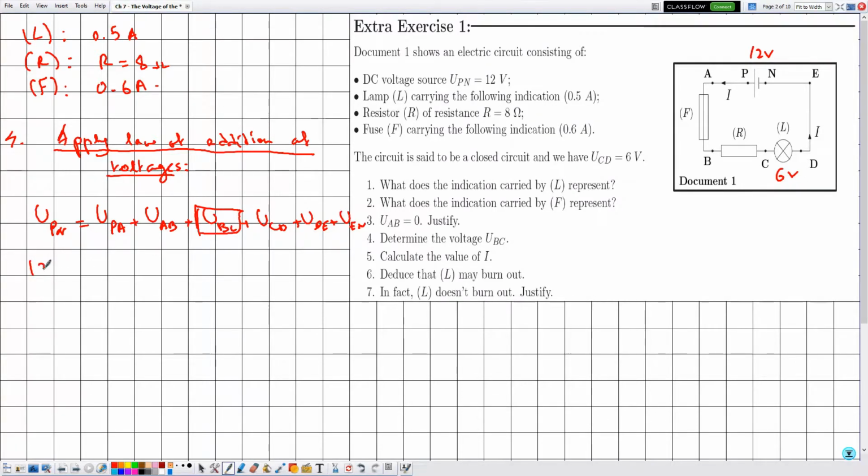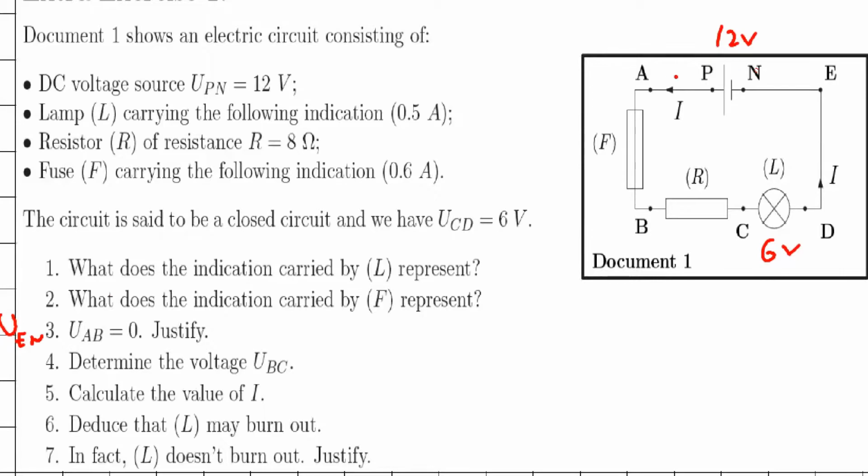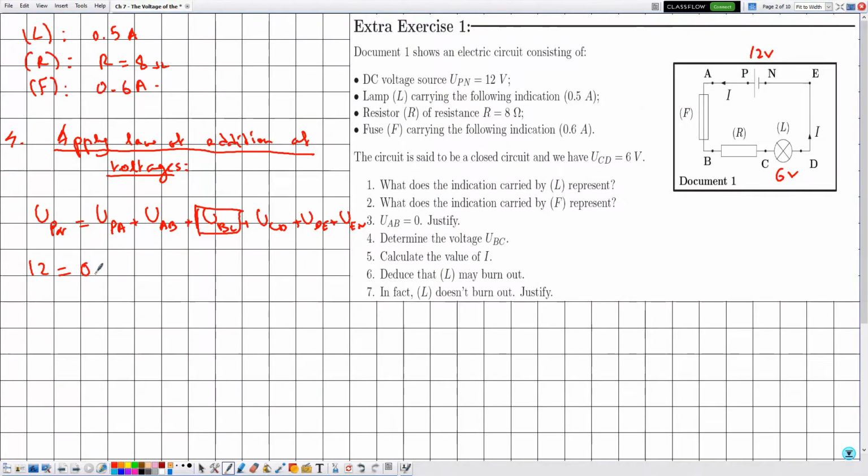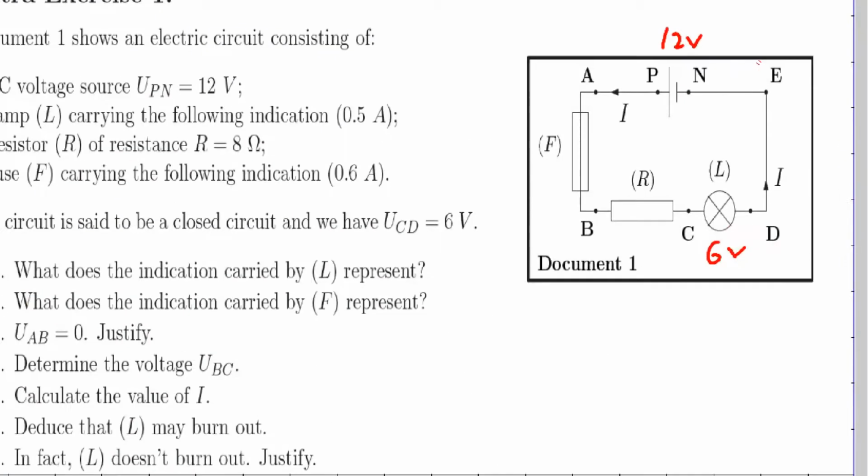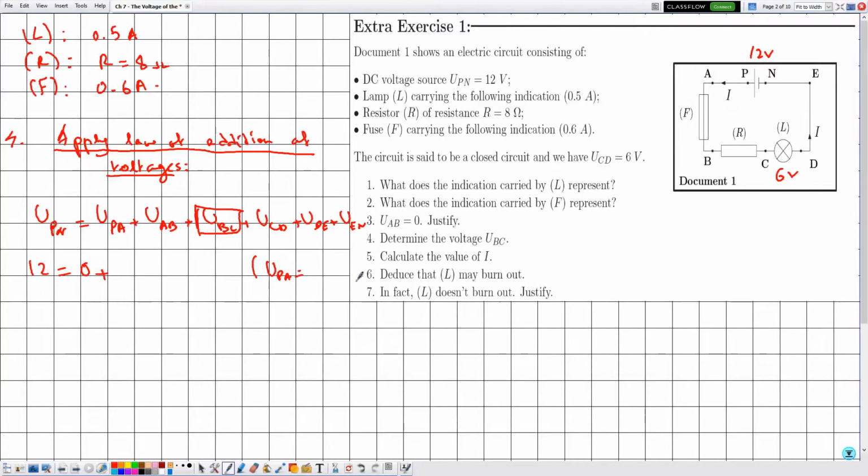So UPN is equal to 12, UPA is equal to 0 because across P and A we have a wire. So here we have UPA, UDE and UEN, all of these are 0, and the reason is given by the connecting wire.